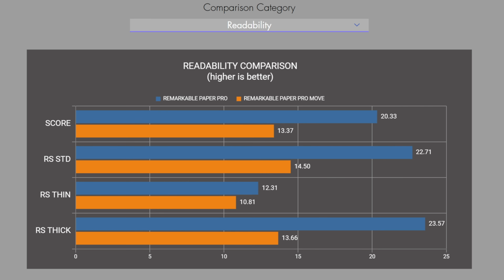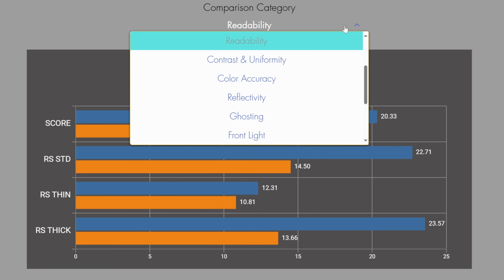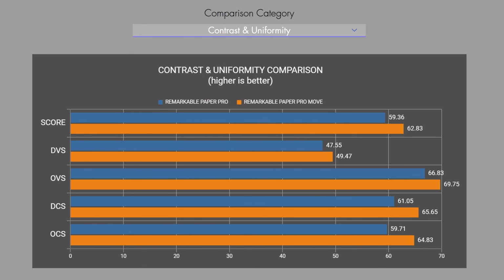I fixed the images, and these are the correct readability results for the Remarkable Paper Pro Move, and as you can see, across the board, the readability is way lower than on a Remarkable Paper Pro, as expected. Contrast and uniformity, interestingly, is actually across the board better than it is on the Remarkable Paper Pro, and this does reflect what the Remarkable team has been telling me, that they've been working with the display.